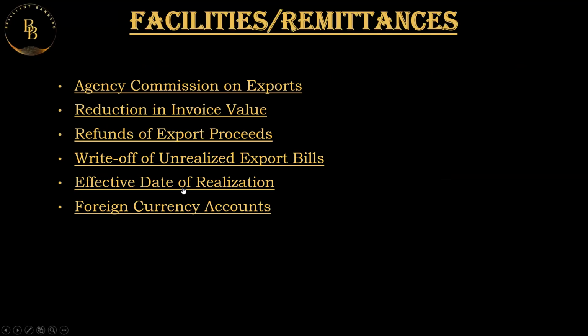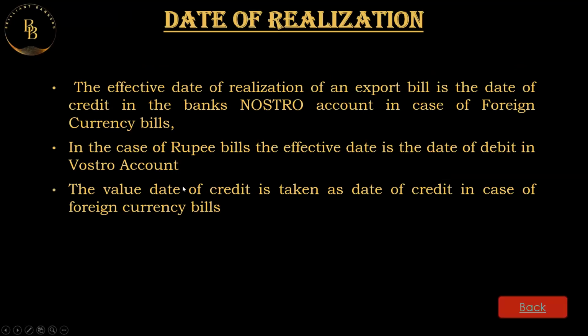What is the effective date of realization? In terms of the FEDAI rules, the effective date of realization of an export bill is the date of credit in the bank's nostro account in case of foreign currency bills, and in case of rupee bills, the effective date of realization is the date of debit in the vostro account.